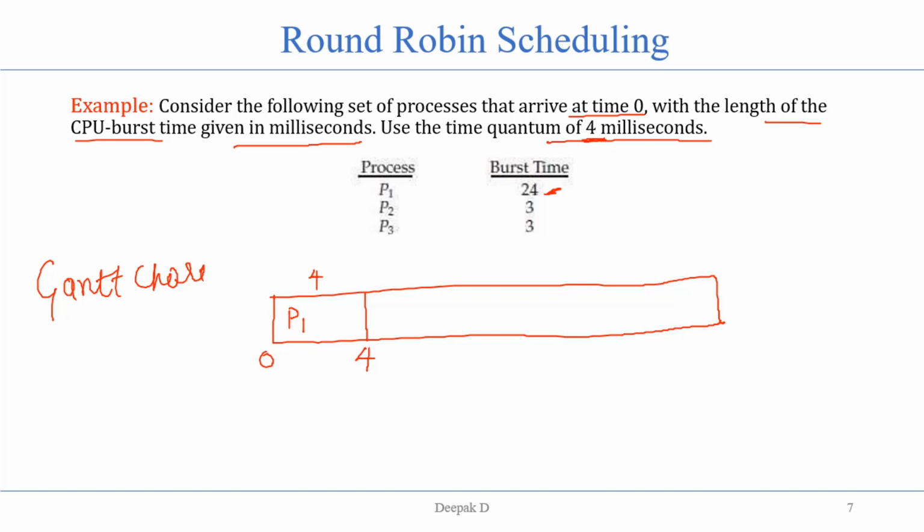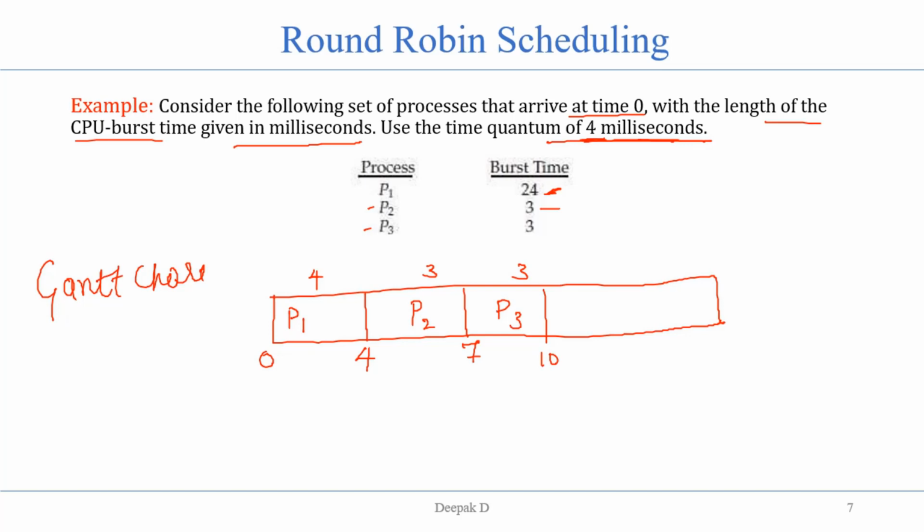After that, the turn is given to P2, and it can execute up to 4 milliseconds based upon the time quantum. But here the burst time is only 3 milliseconds, so it executes only for 3 milliseconds, that is 7 here. And the next one is P3, and it executes for 3 milliseconds, it is 10 here.